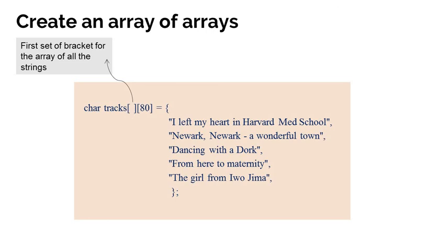So the first set of brackets specifies how many rows, or how many strings, are there in this multi-dimensional array. The second dimension is for each individual string, that means the maximum possible characters in each individual string.